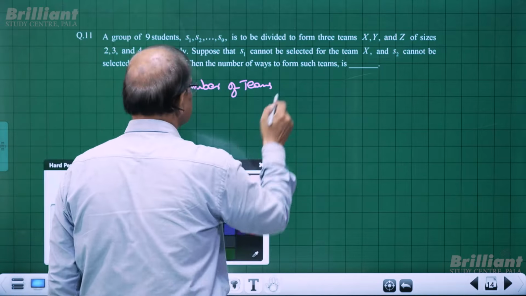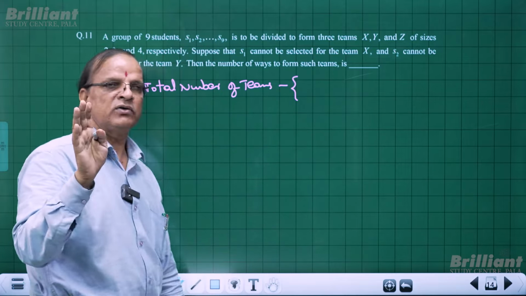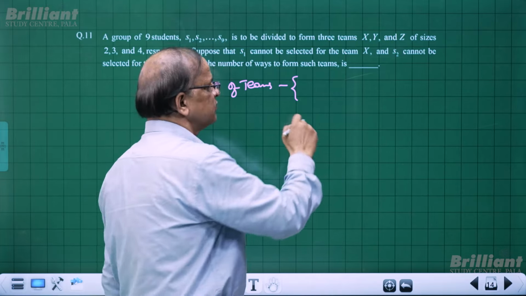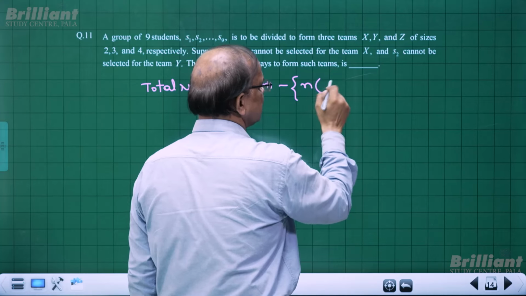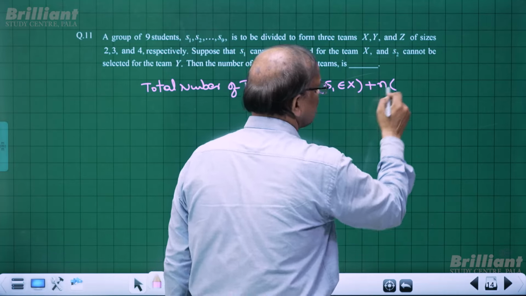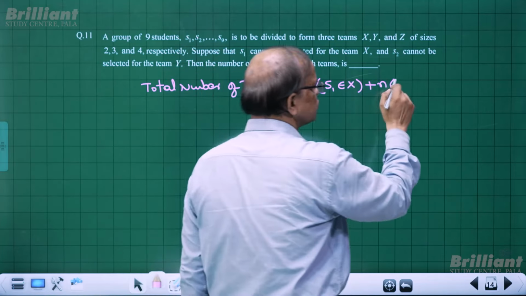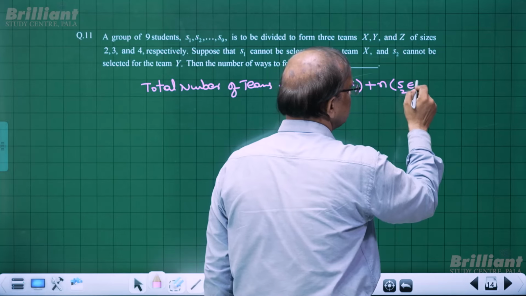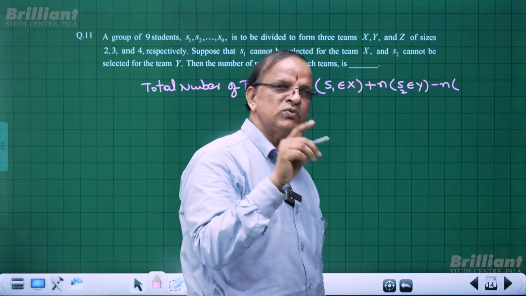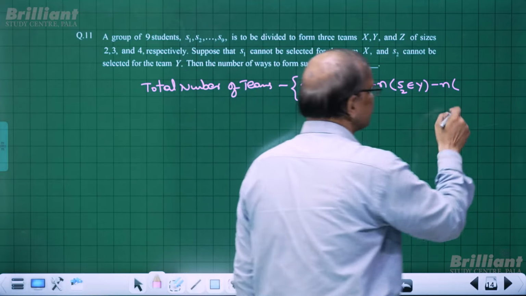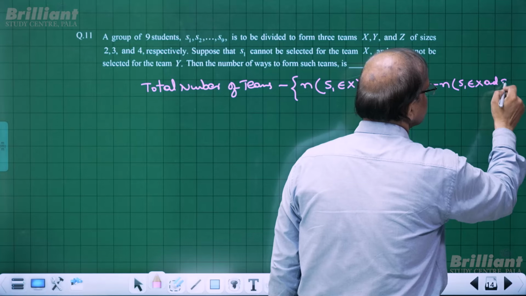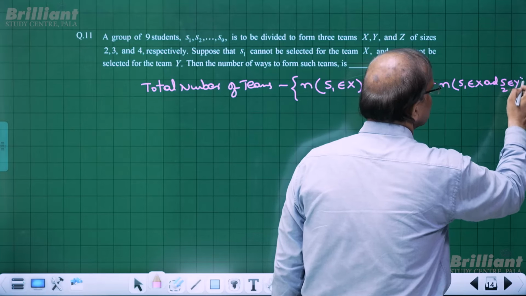Minus, in this what I will subtract now: the number of teams when S1 belongs to X, that is n of S1 belongs to X, or the number of teams when S2 belongs to Y, minus the number of teams where S1 belongs to X and S2 belongs to Y.